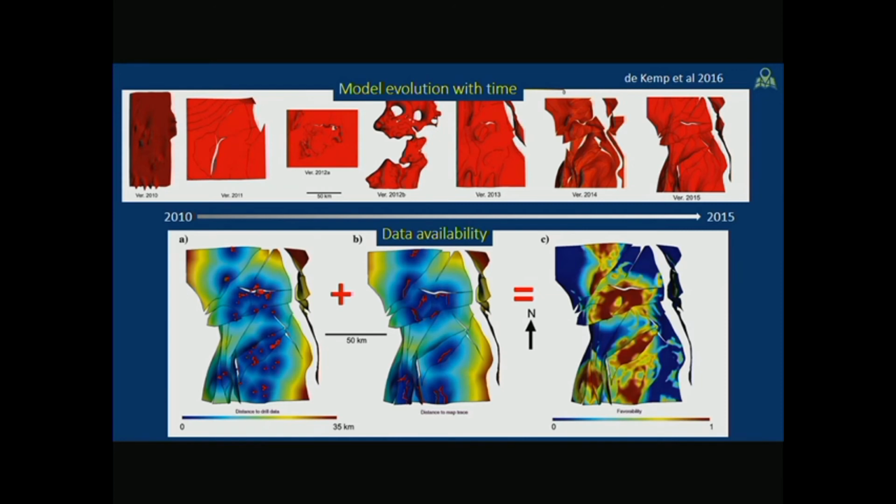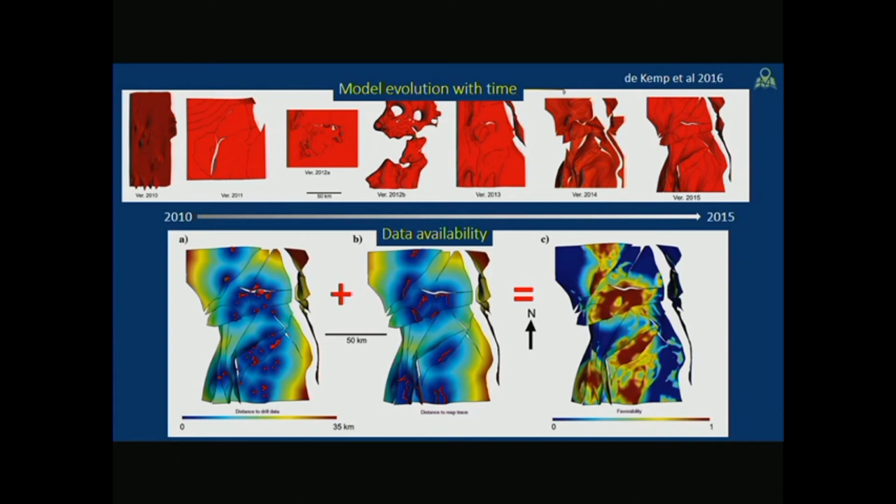This is some nice work done by Eric de Kemp and his group from the Geological Survey of Canada, where he shows the same geological model, and I've forgotten completely where it's from, but Canada, from 2010 to 2015, and he shows various different models. At the bottom here, he's showing the data availability that went into making that model.